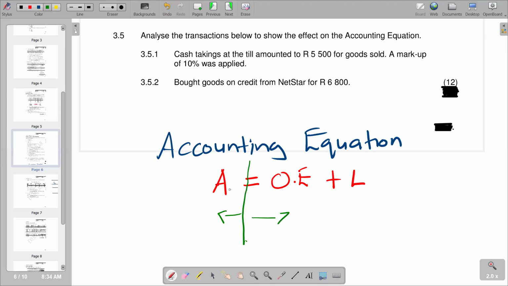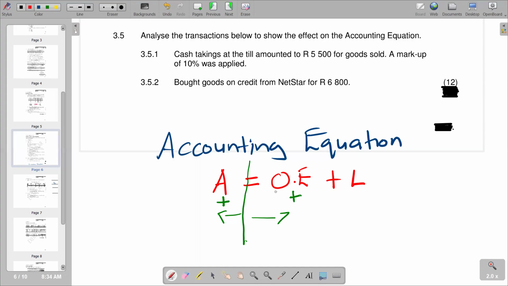If a transaction affects assets and owner's equity, remember double entry has two entries, where every debit entry has a corresponding credit entry. If it's a plus on assets, we are also supposed to notice a plus on owner's equity, so that the sides remain the same. Very important for us to take note of that.